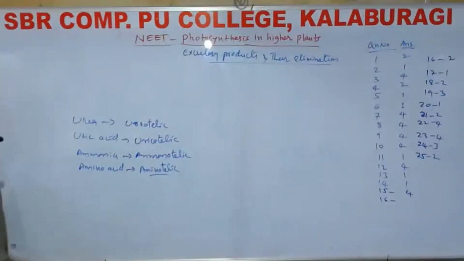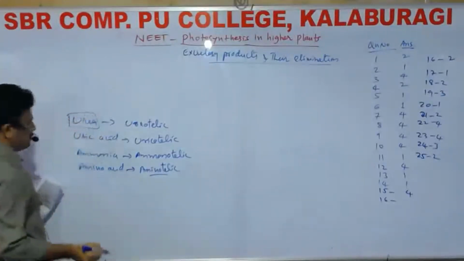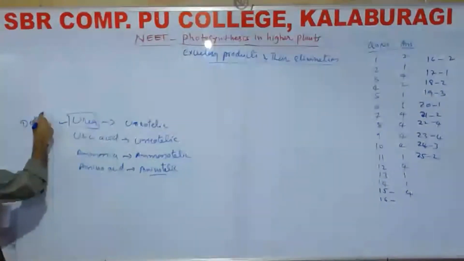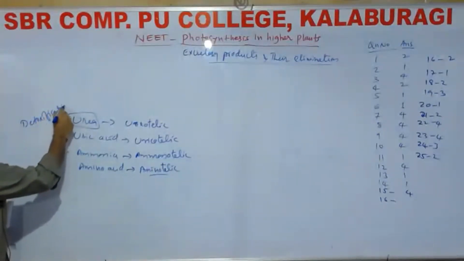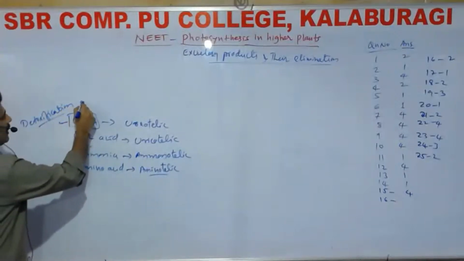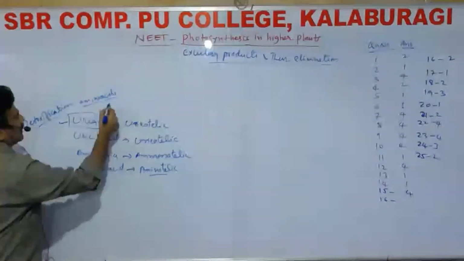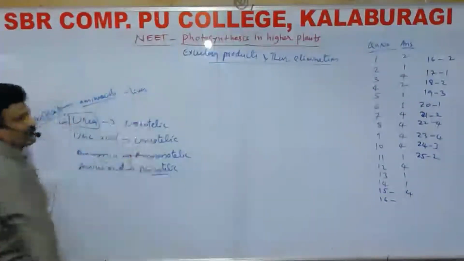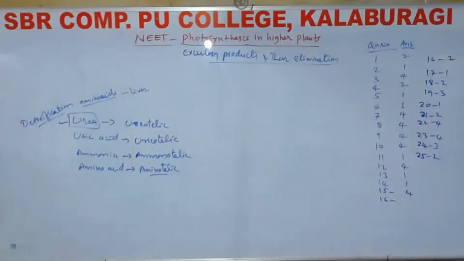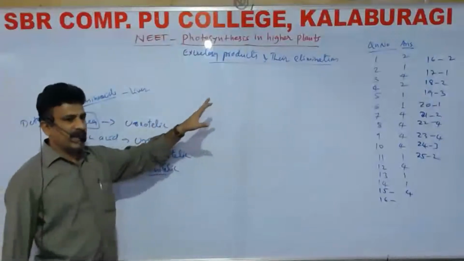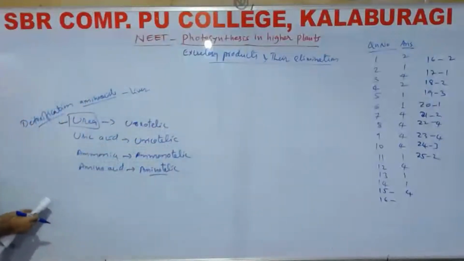Okay. So where is the urea produced? It is produced during the detoxification of amino acids in the liver. So all these processes, that means the nitrogenous waste elimination or the formation of these end products, mainly occur in the liver.